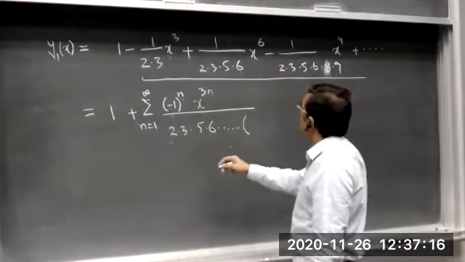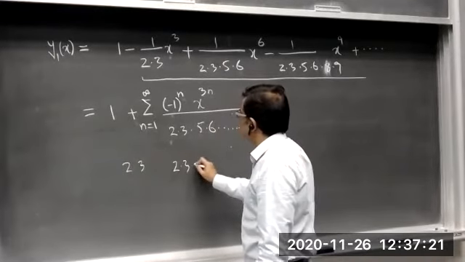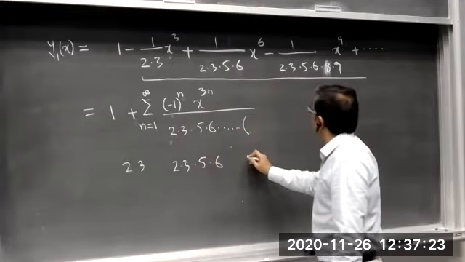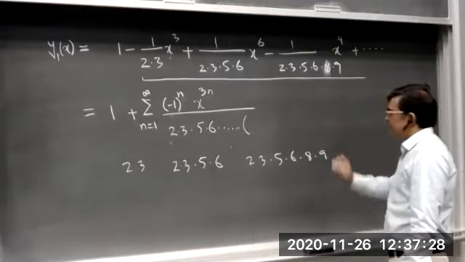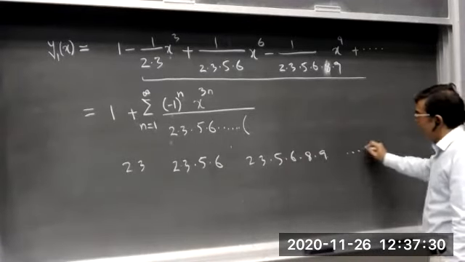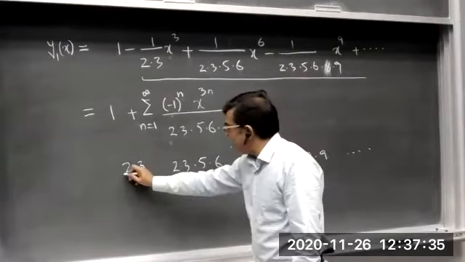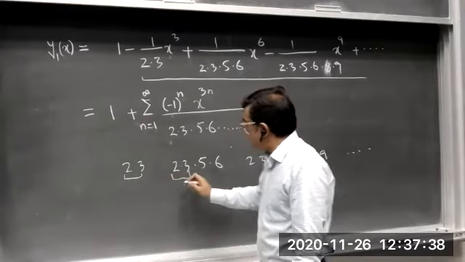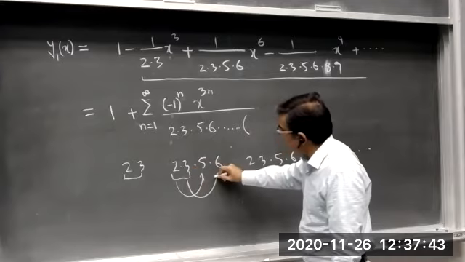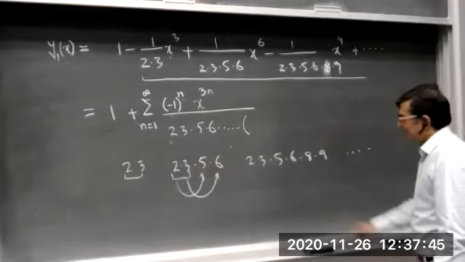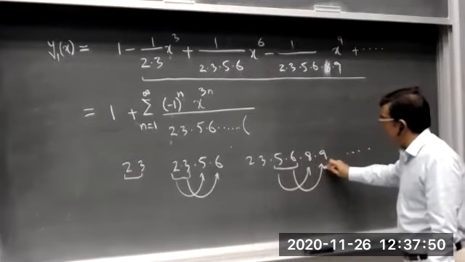आप इसको इस तरह देखें, 2 into 3 है, and then 2 into 3 into 5 into 6, and then 2 into 3 into 5 into 6 into 8 into 9, ठीक है, and so on. आप इस पैटर्न को देखें, आपके पास सबसे पहले 2 into 3 है, and then how does it increase? 2 से 5 हो जाता है, 3 जो है वो 6 हो जाता है, and then from 5 से 8 आ गया और 6 से 9 हो गया.